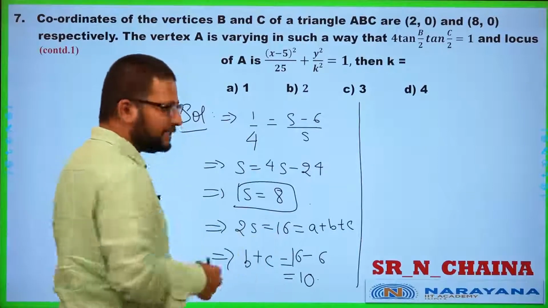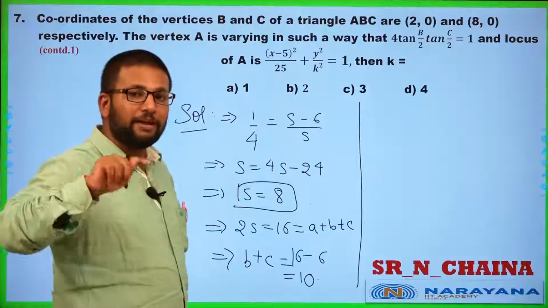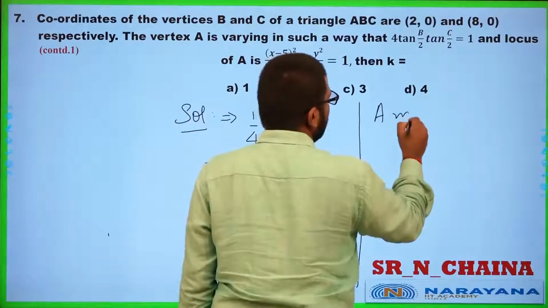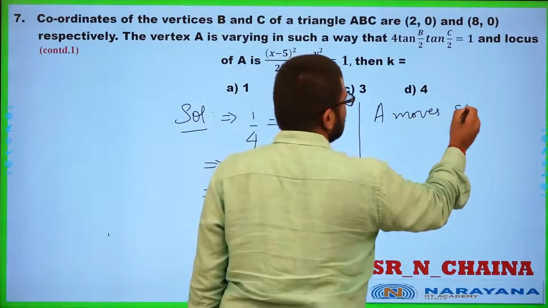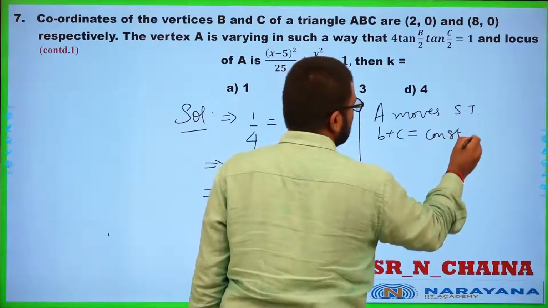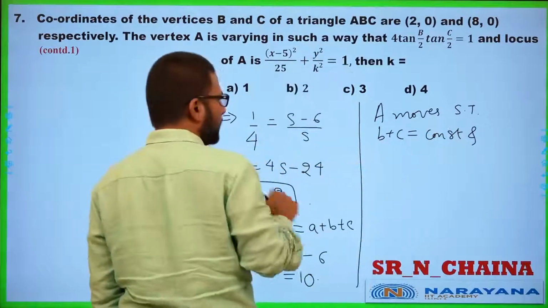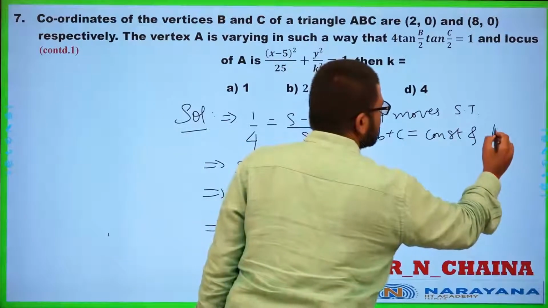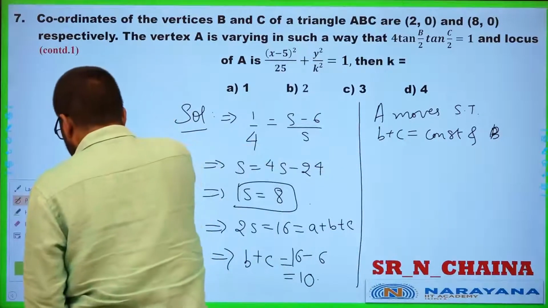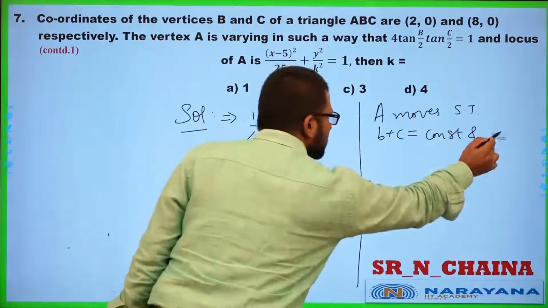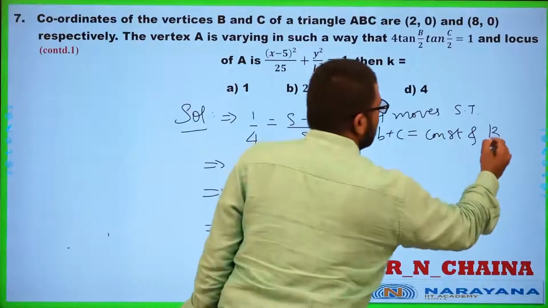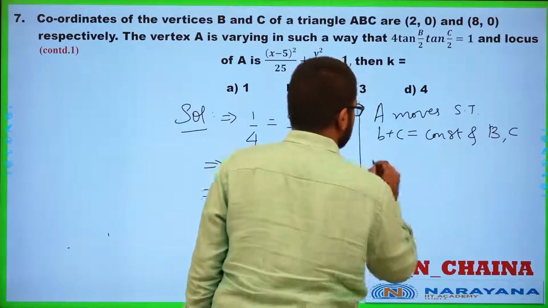Where are we now? B plus C, right? But A is variable while B and C are fixed. So A moves such that B plus C is constant, and points B and C are fixed.